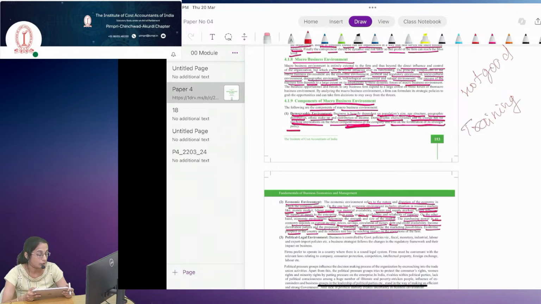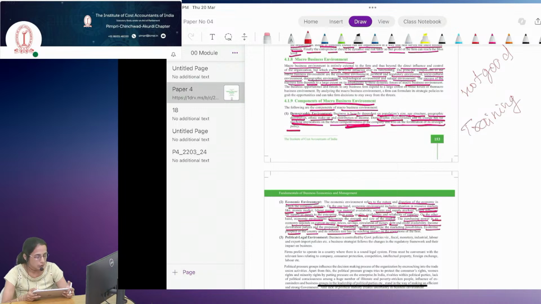These macro factors play an important role in the functioning of the organization. The principal components of the macro business environment are the economic environment, political and regulatory environment, socio-cultural environment, demographic environment, technological environment, and natural environment.